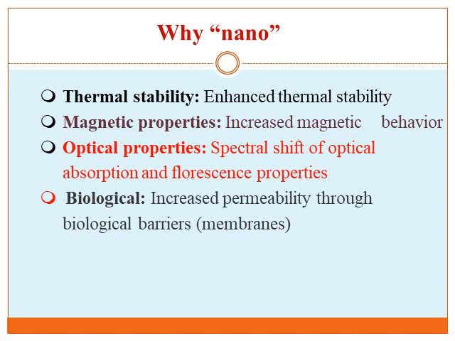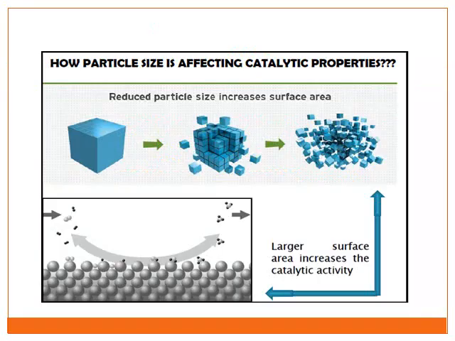When the same cellulose is reduced to the nano state, it may show increased permeability through biological barriers, so it may find different applications. Nanocellulose finds huge applications in the biological field. So you can find increased permeability of the materials when they are reduced to 1 to 100 nanometers.